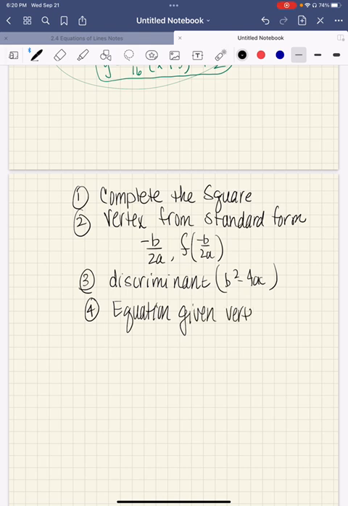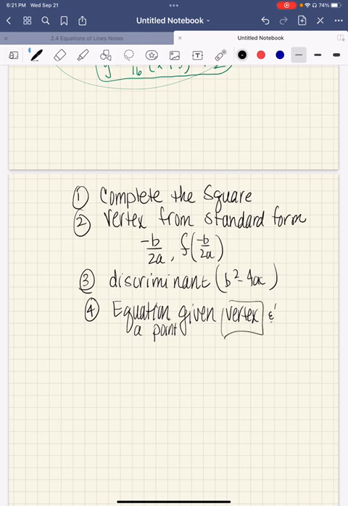Given the vertex and a point. By the way, you have to be given the vertex. You cannot find the equation of a parabola from 2 random points. One of the points has to be the vertex.